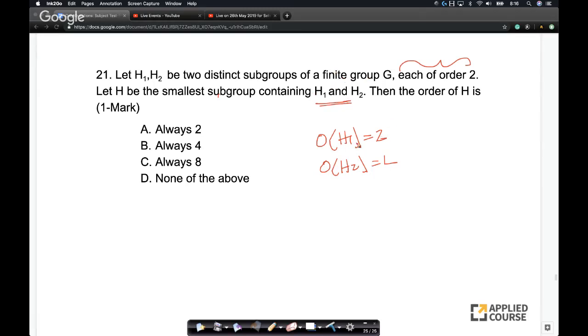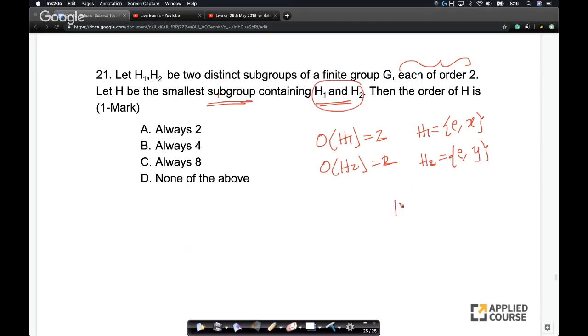So look at this. If H1 contains only 2 elements, what does that mean? It has to contain the identity. Let's assume it contains another element X. Similarly, H2 has to contain the identity, and let's assume it contains Y. Then we want to construct the smallest subgroup that has H1 and H2.